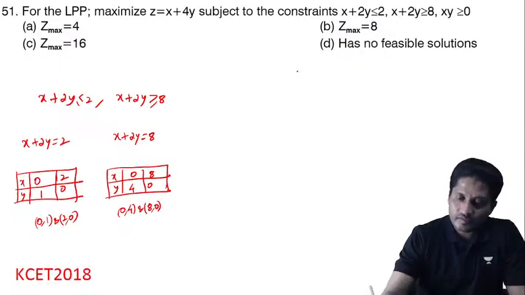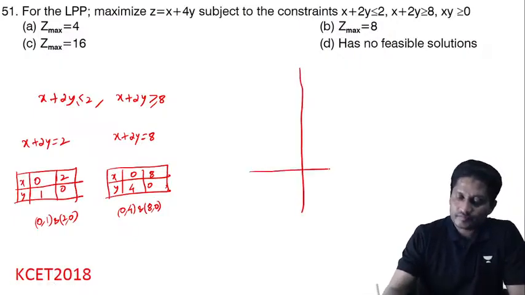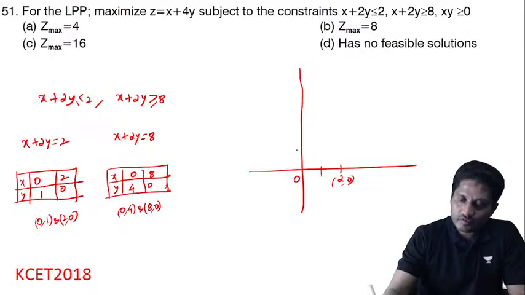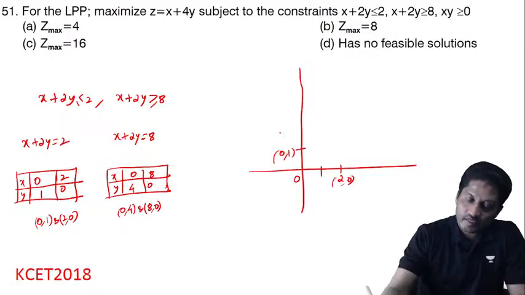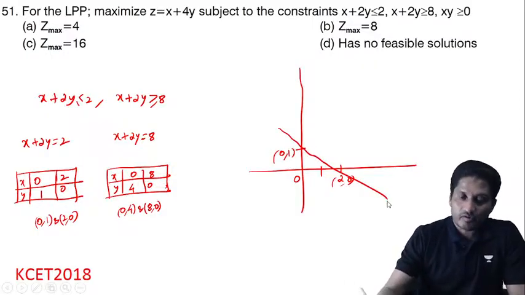Okay, now if I plot the graph, 2 comma 0 and 0 comma 1, I get a line. According to less than or equal to 2, the region contains the origin, right?